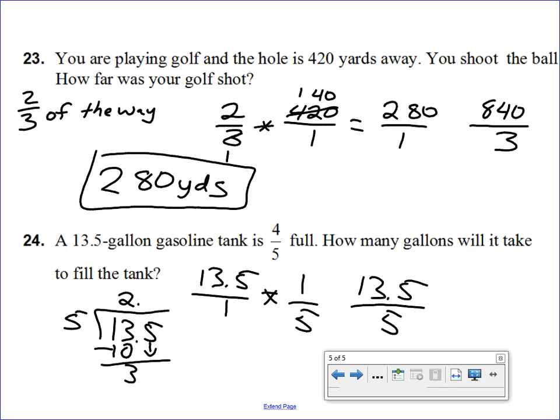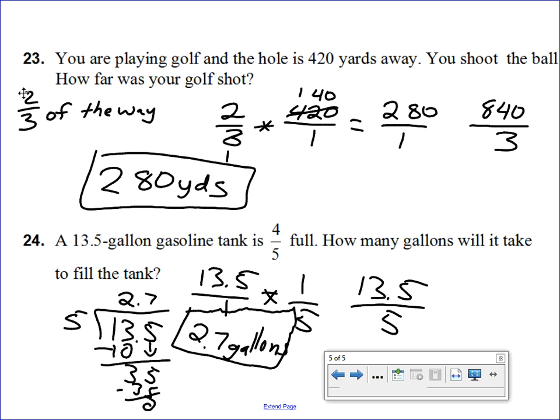I'm going to bring down the 5. How many 5s go into 35? 7. And then it terminates perfectly, right? So we have 2 and 7/10 gallons of gas needed to fill up that tank.